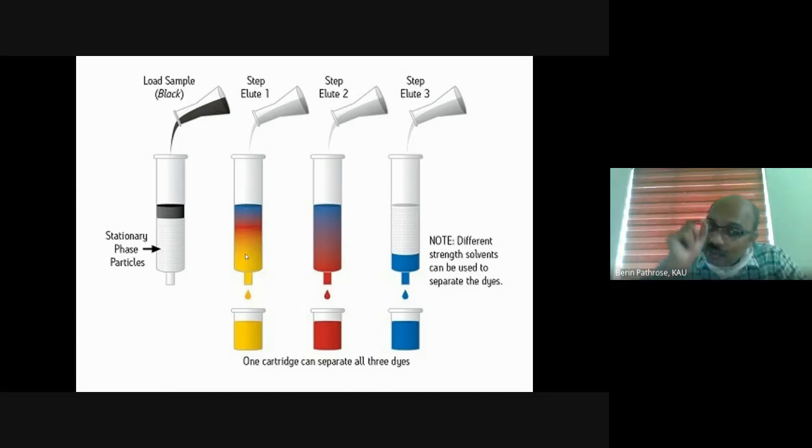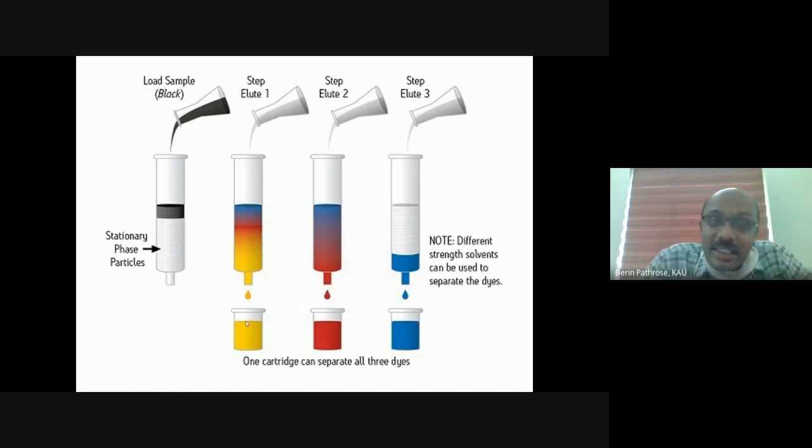But the speed of movement differs for each chemical. If a chemical in the sample is extremely soluble in the solvent and doesn't have any affinity for the adsorbent material in the stationary phase, it comes out along with the solvent first.